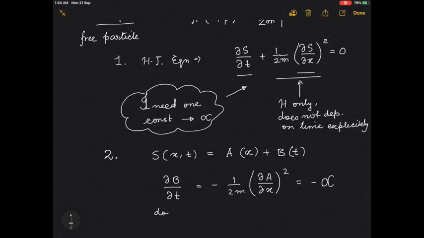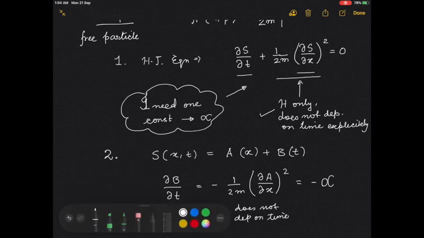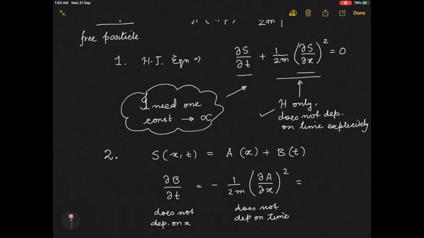Okay, now on the left hand side I have the derivative of B with respect to time, so this doesn't depend on x. Similarly here I have A with respect to x, this doesn't depend on time. This is just coming because the Hamiltonian doesn't depend on time explicitly.